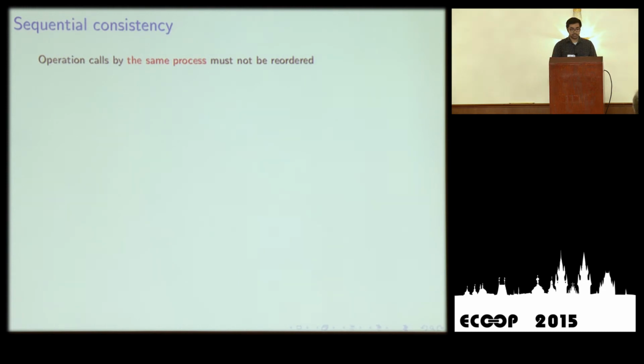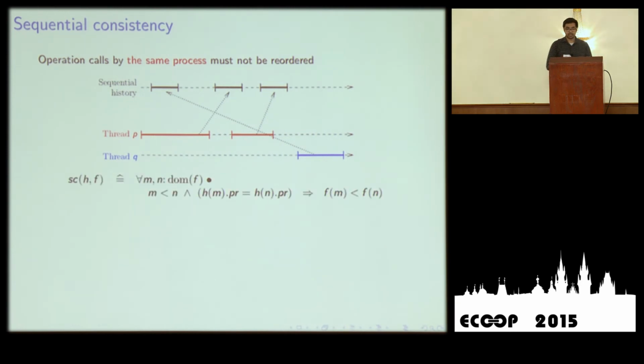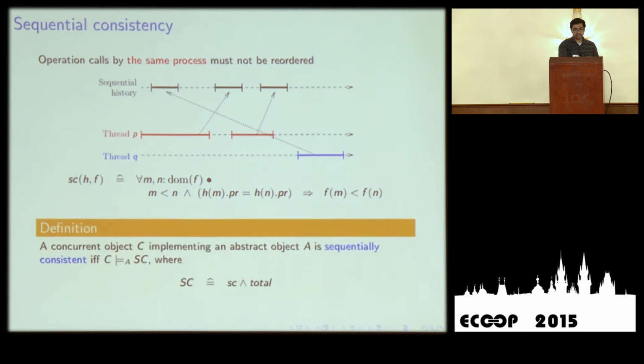Now looking at sequential consistency, it says operation calls by the same process must not be reordered, and here's what it looks like. You can't reorder any of the red operation calls, but even if the blue one doesn't overlap with the red, because they're in different threads, you can put that first if you need to. It's fairly straightforward to define a predicate that captures this as well, and you get a similar lifting to history.